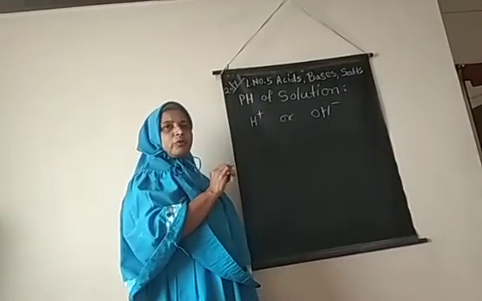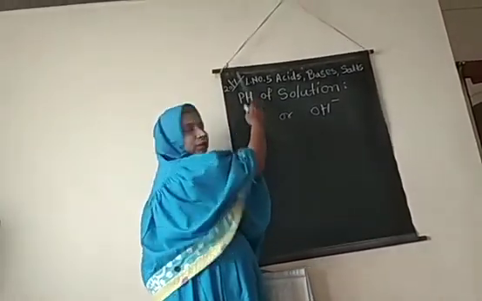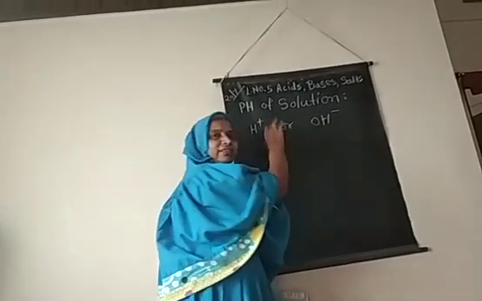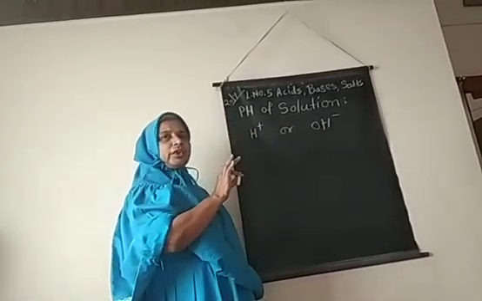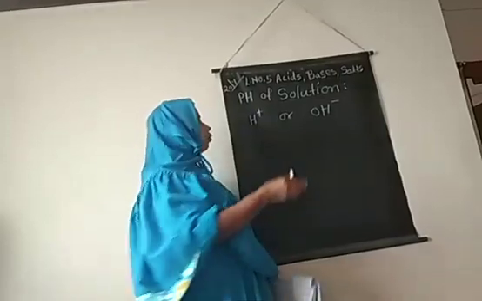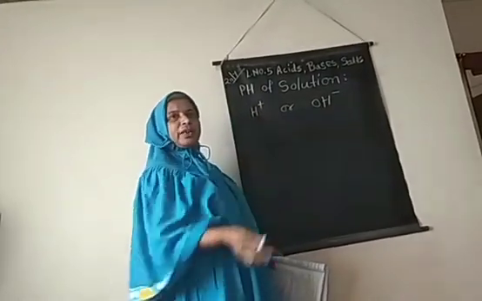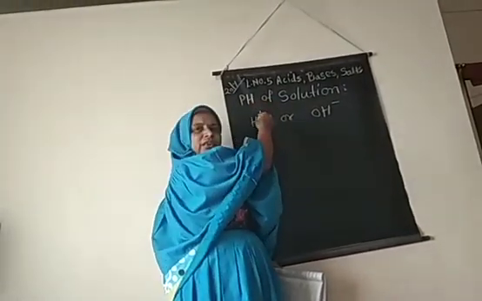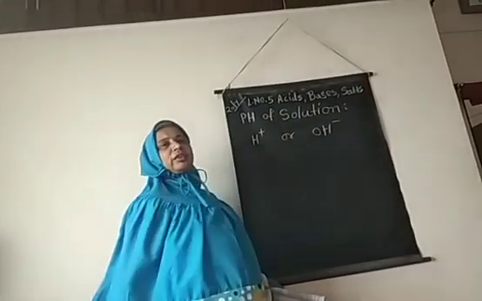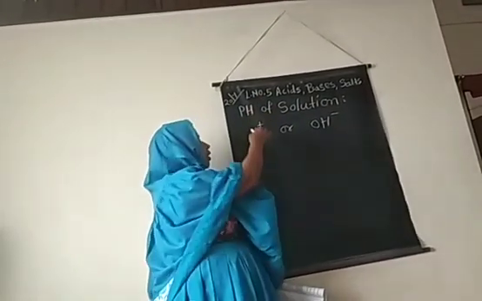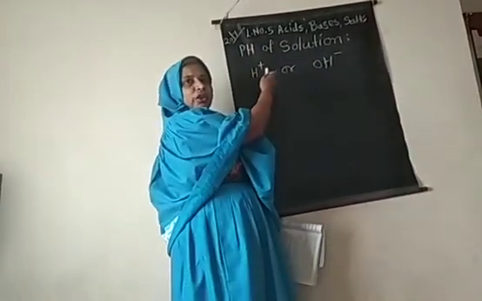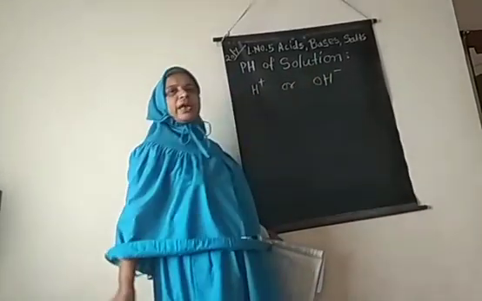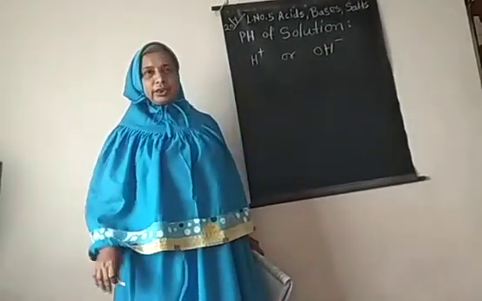So this H plus and OH minus ion dissociation gives an idea about the substance's property, whether it is acidic or basic in nature, depending upon how many H plus ions or OH minus ions are dissociated.